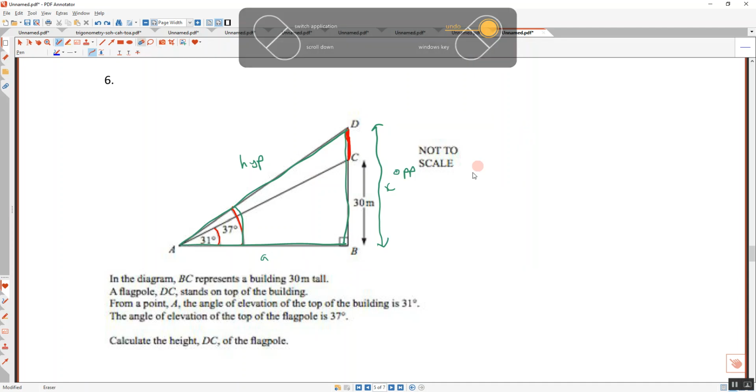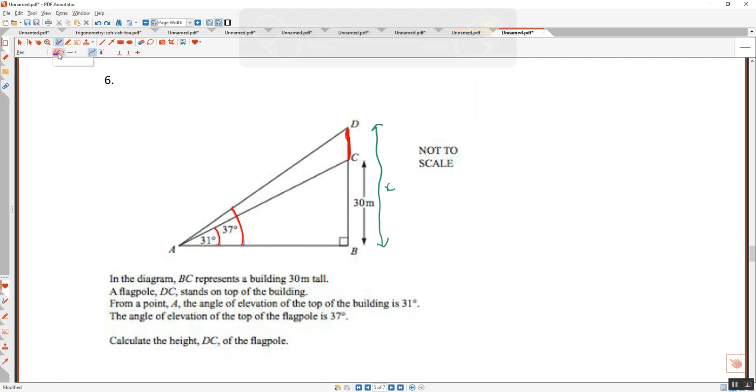Let's look instead at this triangle. Now I can use this triangle, because I know this length and I know this angle, in order to work out this side.